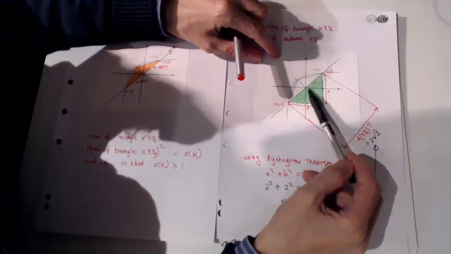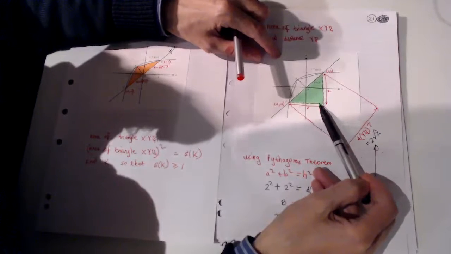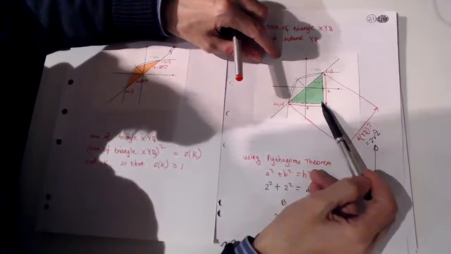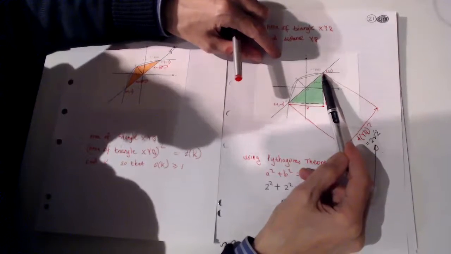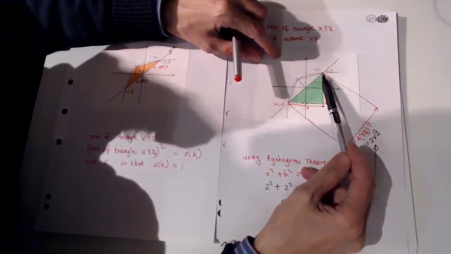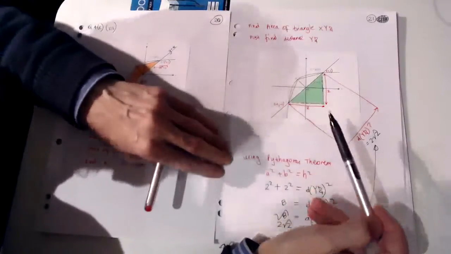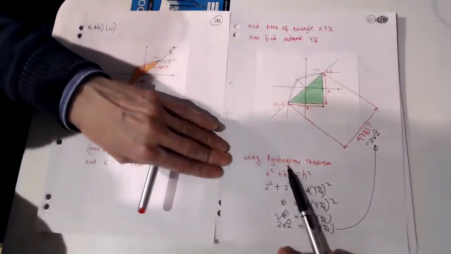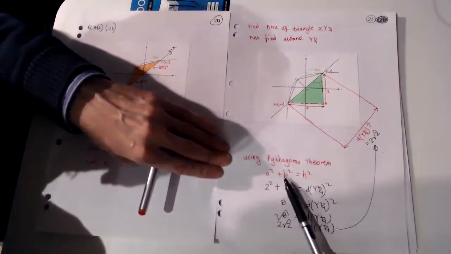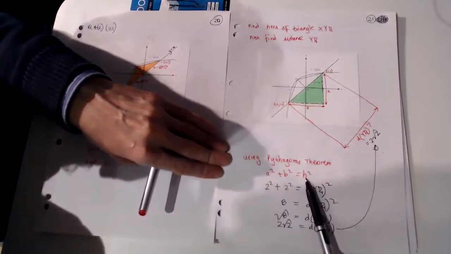Hey, that green triangle is a right-angled triangle. Because it is right-angled, we can work out the hypotenuse of that green line, which is the distance from Y to Z, using Pythagoras' theorem, which is a squared plus b squared equals hypotenuse squared.